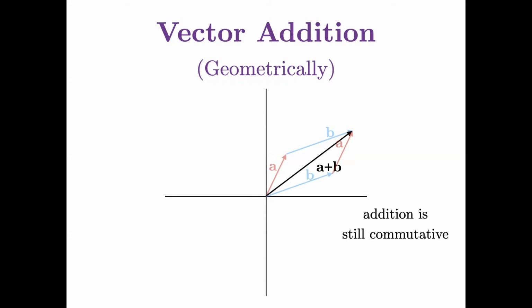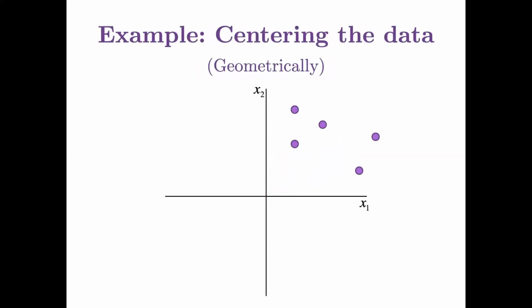Now let's combine those ideas of scalar multiplication and addition with a quick example. Here I have 5 data points in space. If I calculate the mean, or the centroid, of this 2-dimensional data, it's called a centroid because I have 2 variables here, x1 and x2.